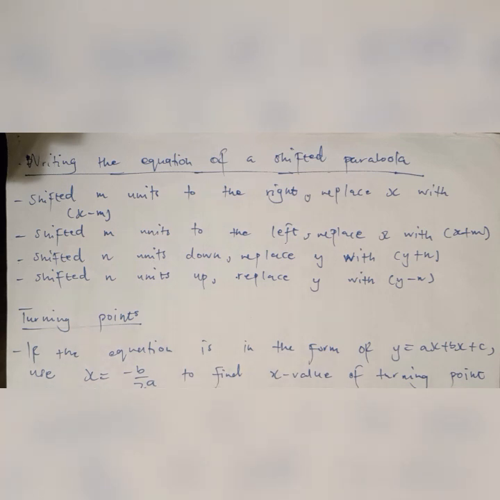Let's move on. Shifted m units to the left, you replace x with x plus m. Shifted n units down, same thing, you replace y with y plus n. Shifted n units up, you replace y with y minus n. Now for reflection, if it's reflected about the x-axis, you put a negative on the y, or g of x or f of x, because f of x is the same as y.